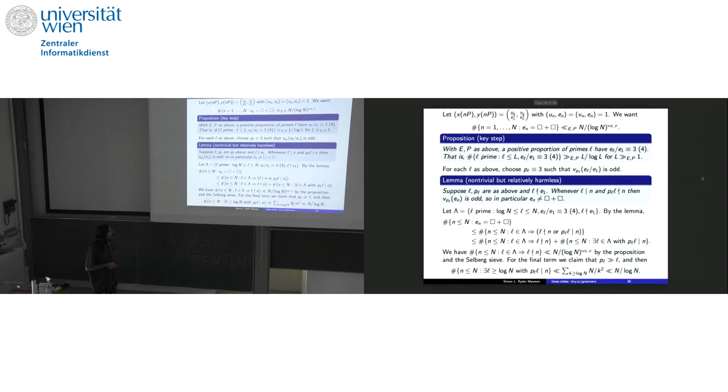And this gets dealt with by the Selberg sieve, and the other gets dealt with relatively easily. There is one non-trivial fact that is used that I haven't told you about, which is that the prime P appearing in this lemma has to be somewhat large.